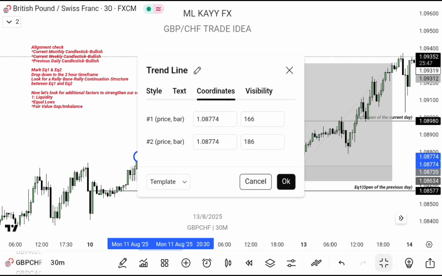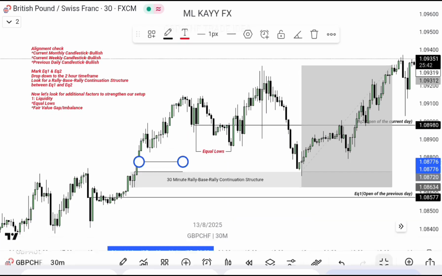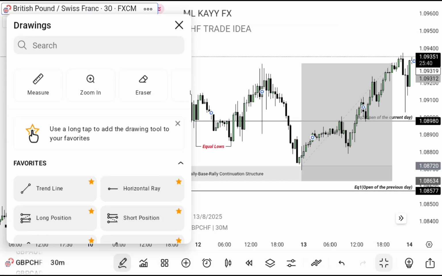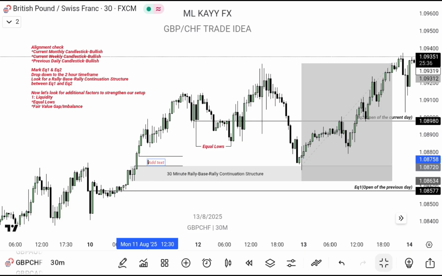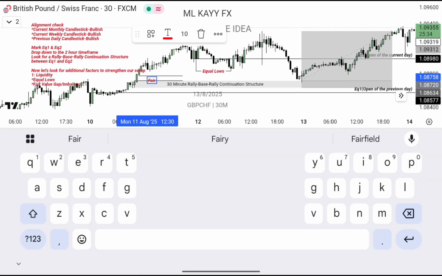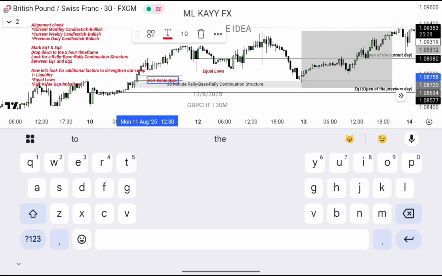That shows whether buyers or sellers are in control of the market, right? An imbalance shows a massive injection of buy orders or sell orders into the market. Remember, trading is a game of buying and selling pressure.